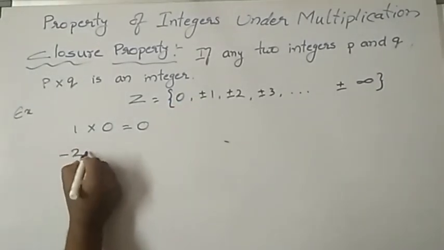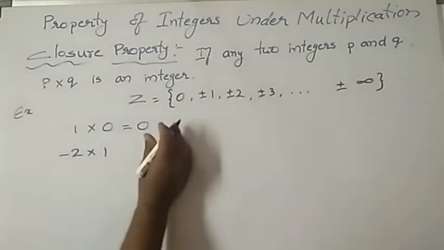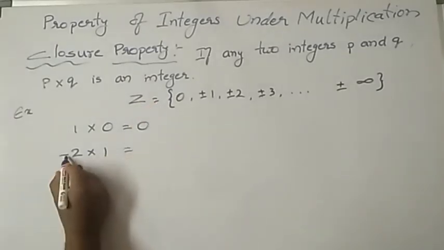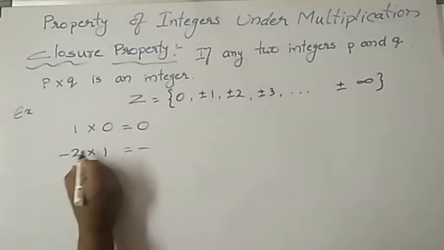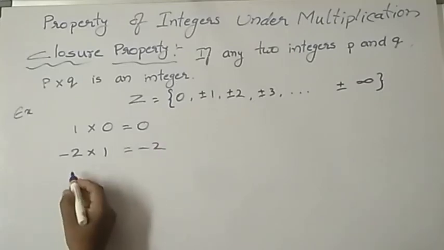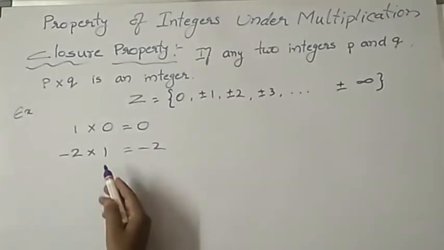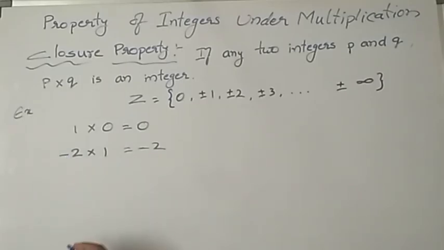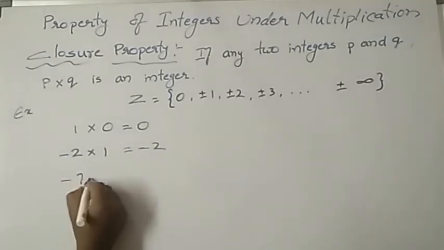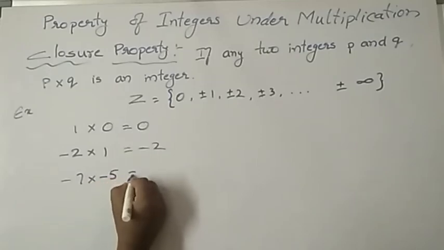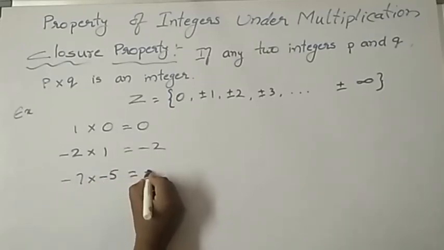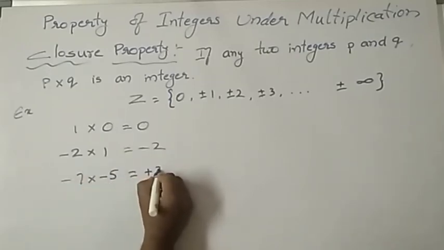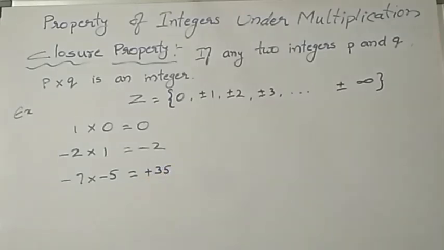If I take minus 2 and plus 1, minus into plus is minus, 2 ones are 2. See, minus 2 is an integer, 1 is also an integer and its product is also an integer. Minus 7, minus 5. Minus into minus is plus, 7 fives are 35.